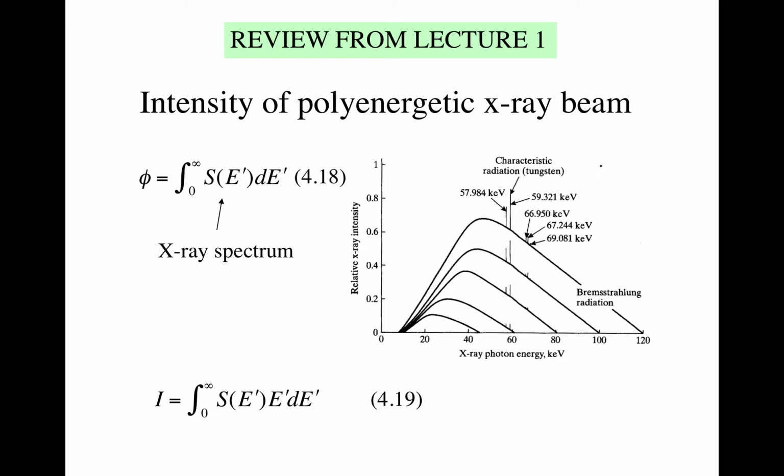So going back to lecture 1 where we looked at X-ray physics, if you recall, the relative X-ray intensity that comes out of an X-ray tube as a function of photon energy looks something like this. This is the relative number versus photon energy. If I set the voltage between the anode and the cathode in my X-ray tube at 100 kilovolts, I accelerate the electrons across the gap, and they hit the anode and produce a splash of X-rays.